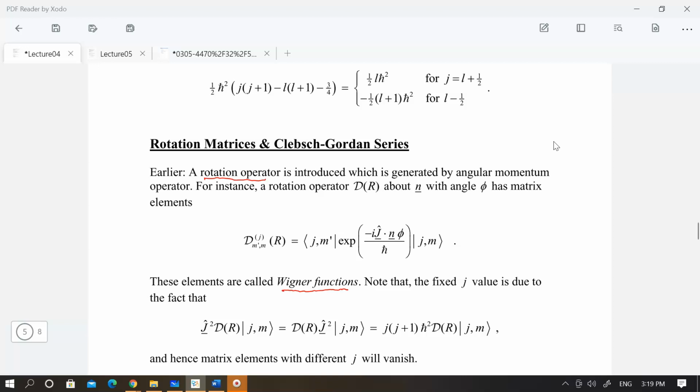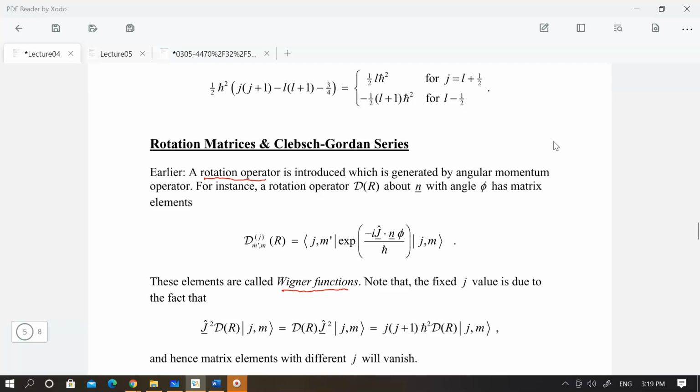Let's consider this equation, for example. This is J squared, a commuting operator. If we look at what's inside the rotation operator over here, it's J dot n, but J dot n and J squared will commute.